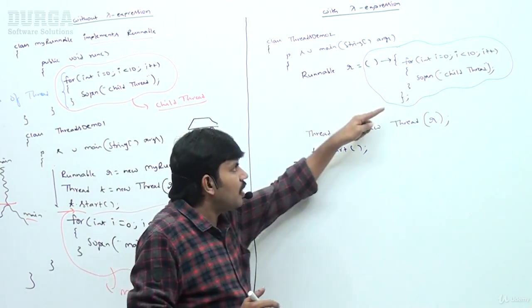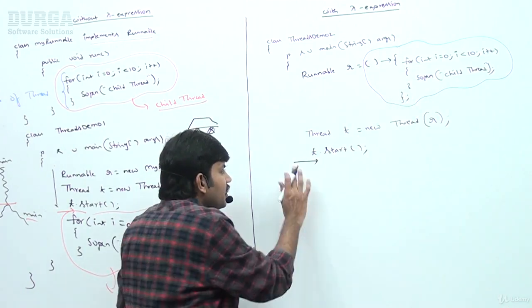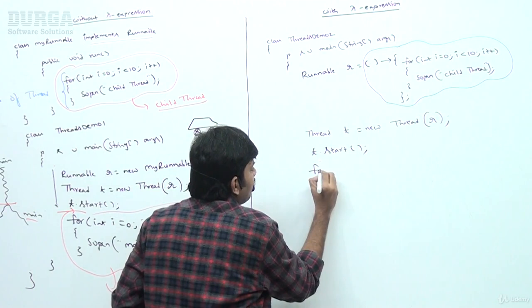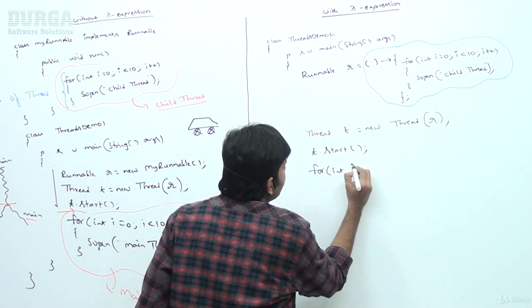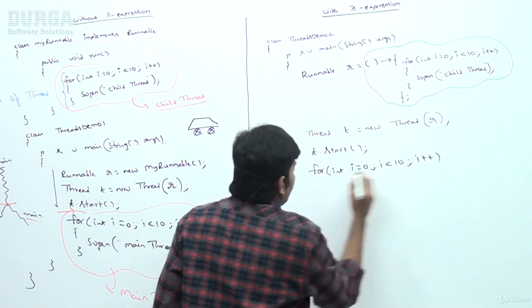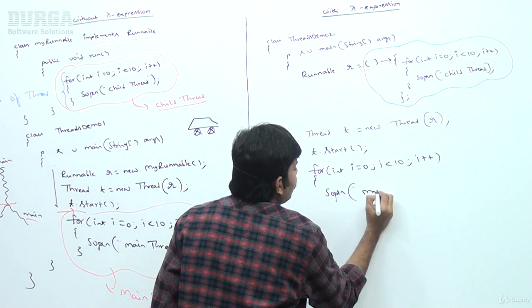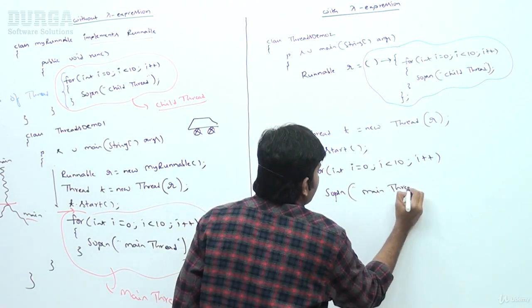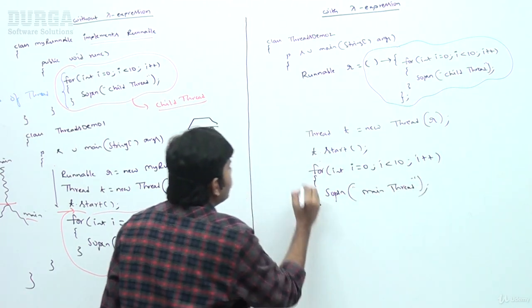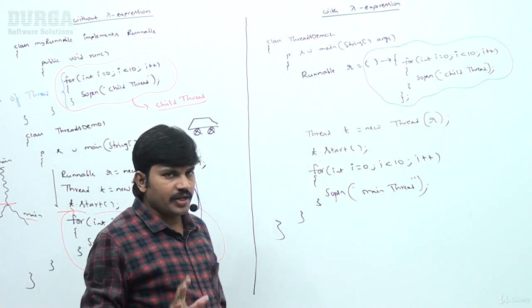Child thread job is this code. Main thread job is, let me keep for int i = 0; i < 10; i++, System.out.println("main thread"), like this I am taking. Now the difference is very clear.